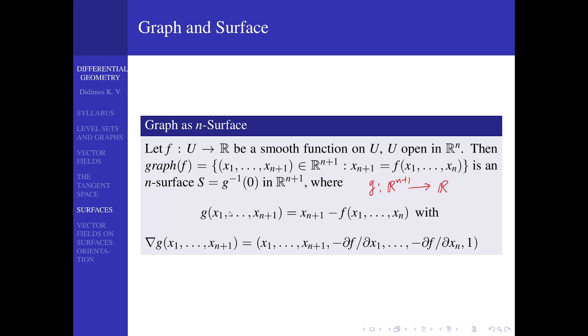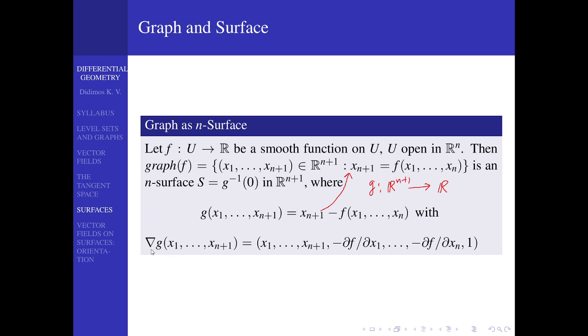G inverse 0 coincides with this set: the set of all x1, x2, etc., x(n+1) such that this quantity is equal to 0. This quantity equal to 0 means x(n+1) is equal to this one. So any graph can be considered as a level surface of some function.